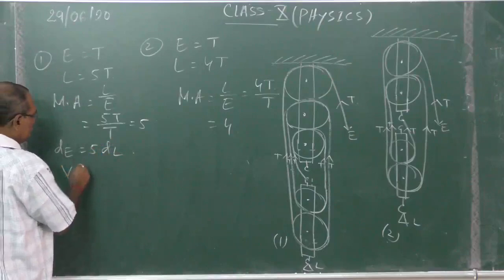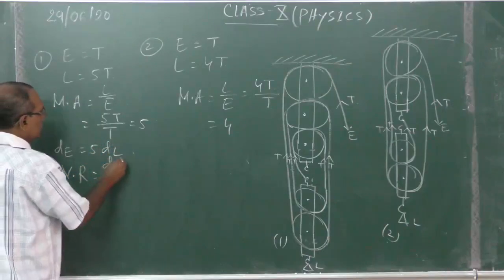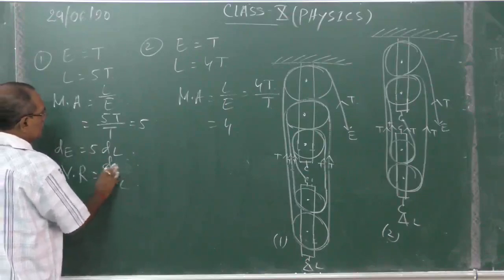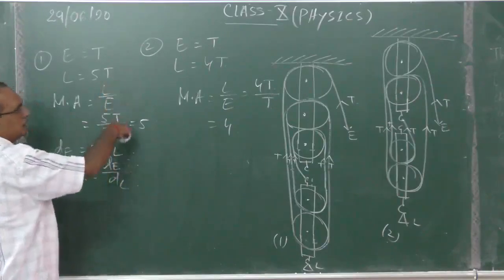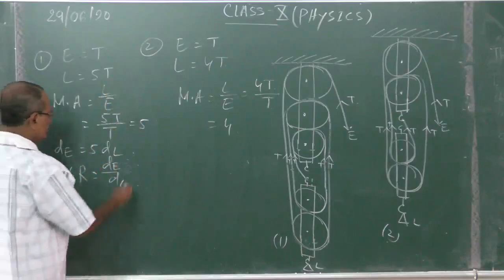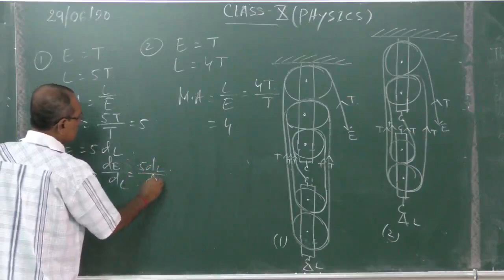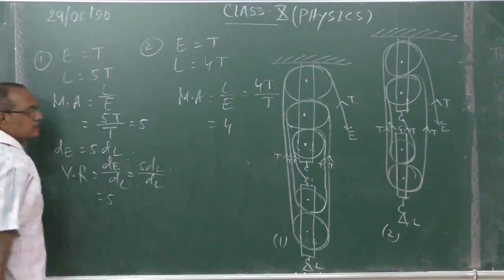So velocity ratio is equal to DE by DL. Another way, for an ideal machine, MA equal to VR, that is equal to 5 DL by DL, that is equal to 5.